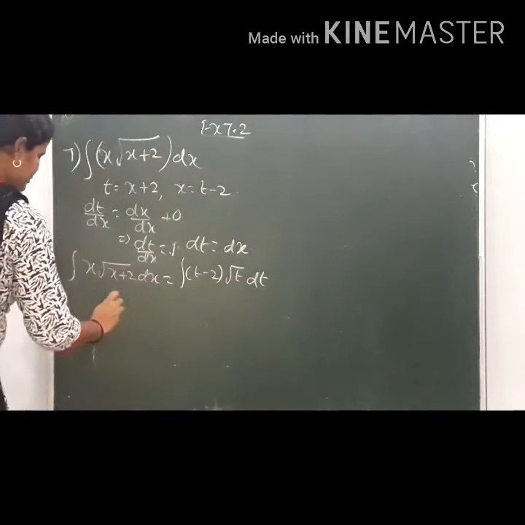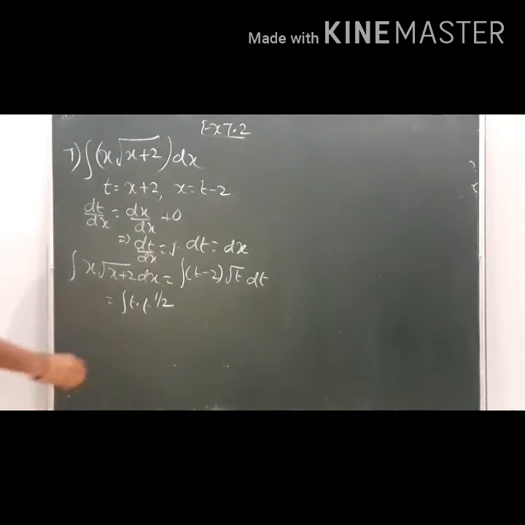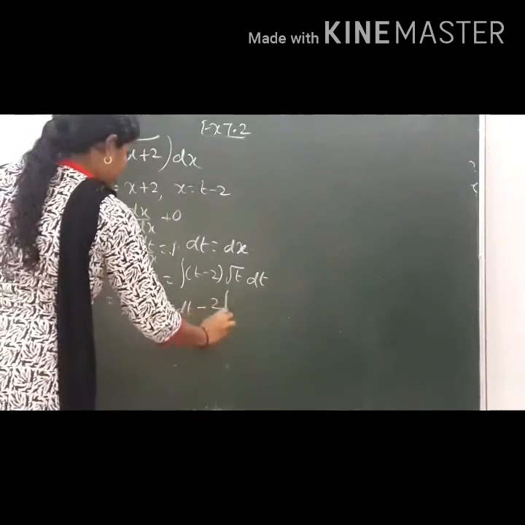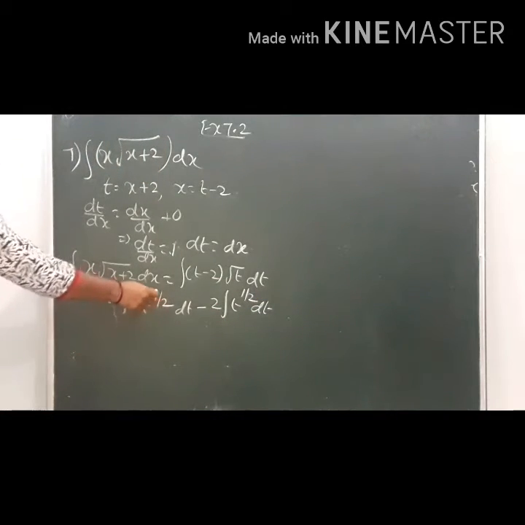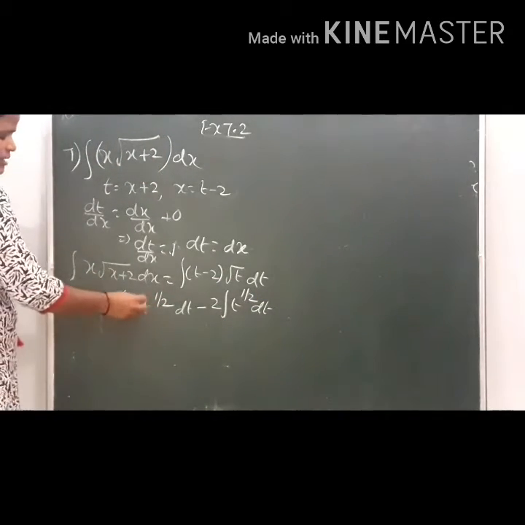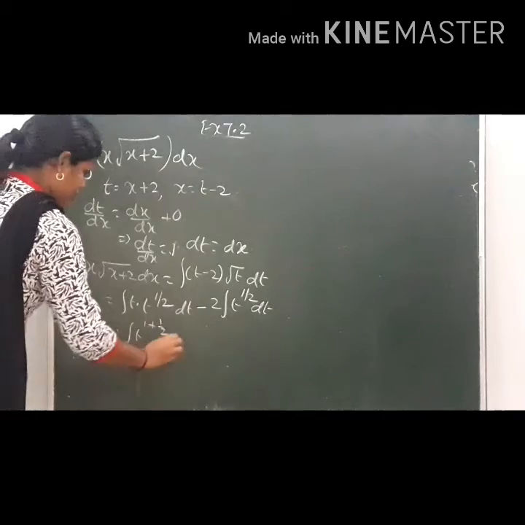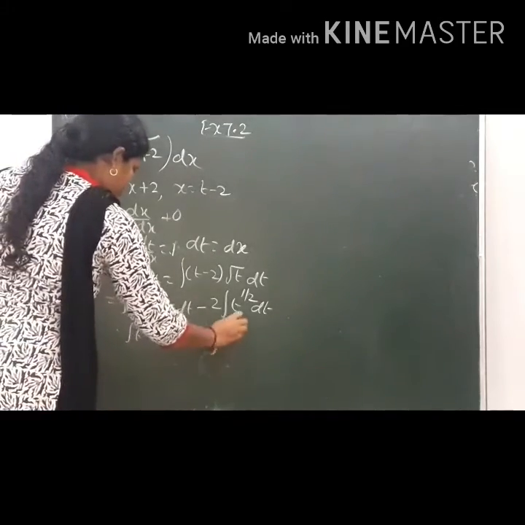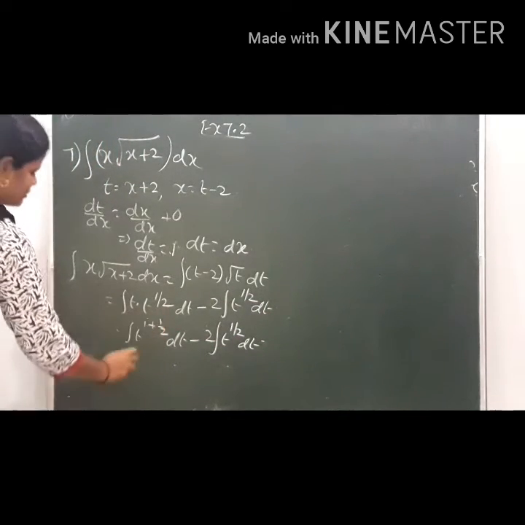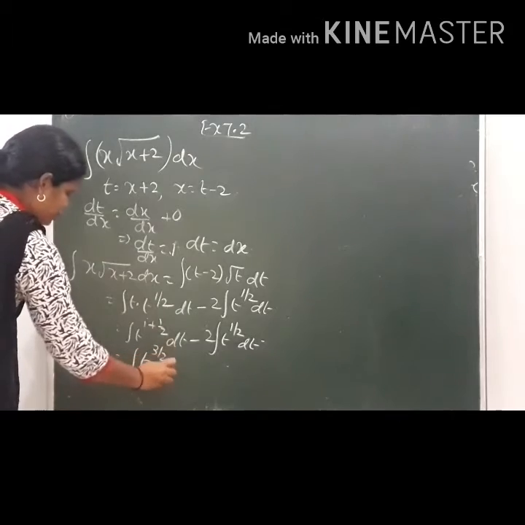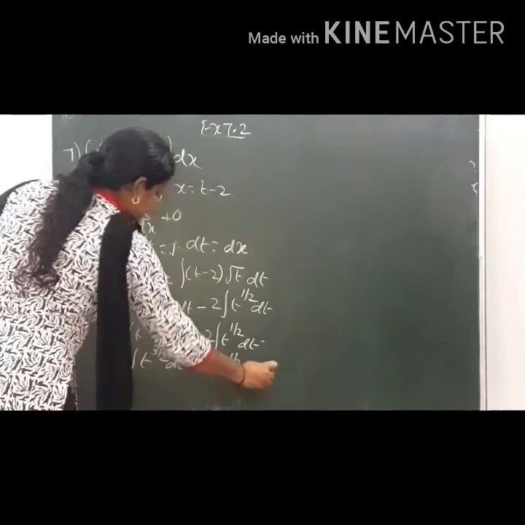You can multiply here: t into root t, which is t to the power 1 by 2, dt, minus 2 t to the power 1 by 2 dt. Here the bases are the same, so the exponents add. So we get t to the power 1 plus 1 by 2, dt, minus 2 t to the power 1 by 2 dt. Taking the LCM, 2 plus 1 is 3, so t to the power 3 by 2 dt minus 2 t to the power 1 by 2 dt.